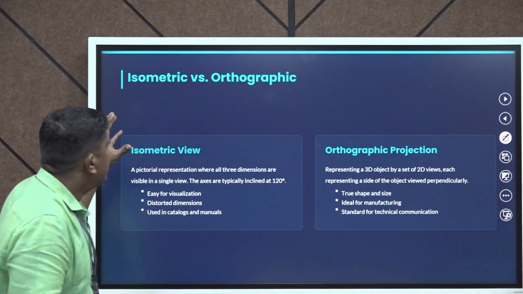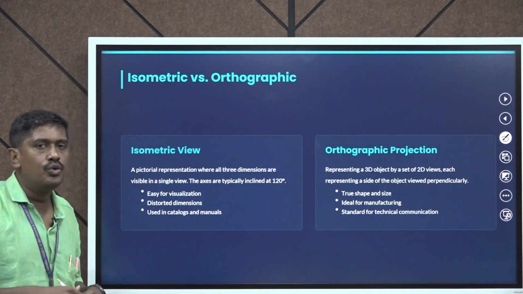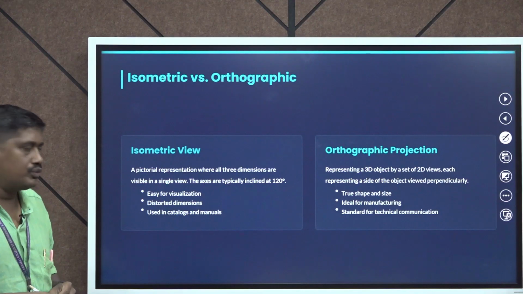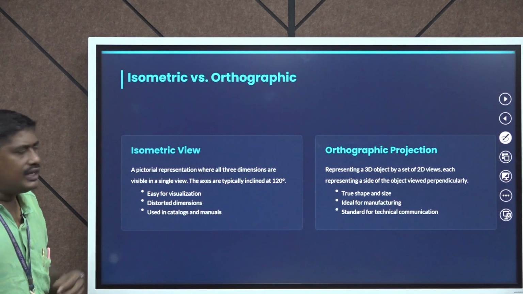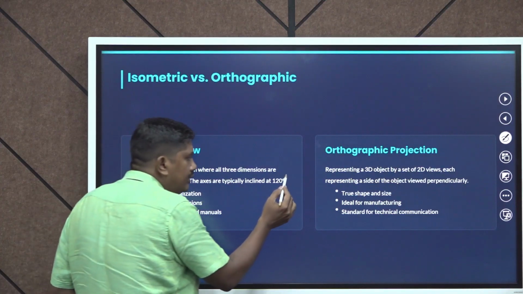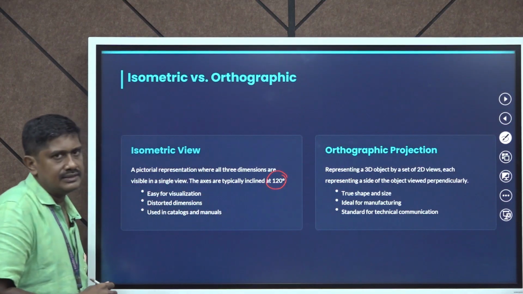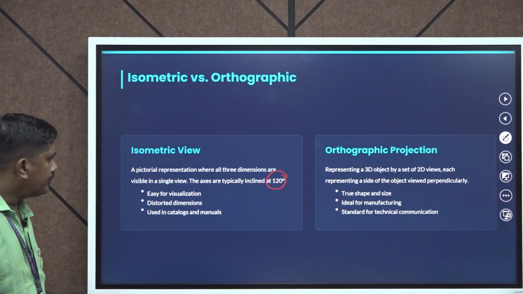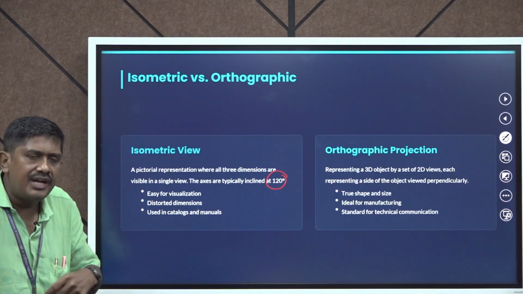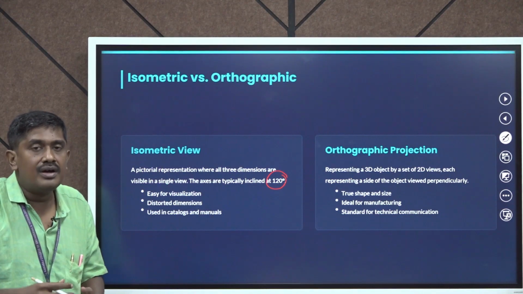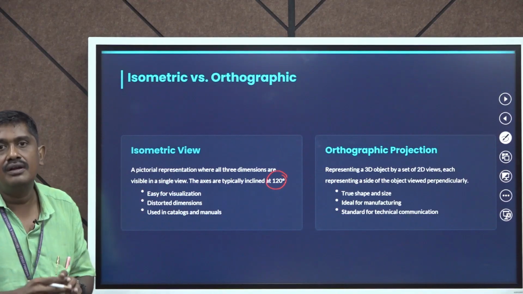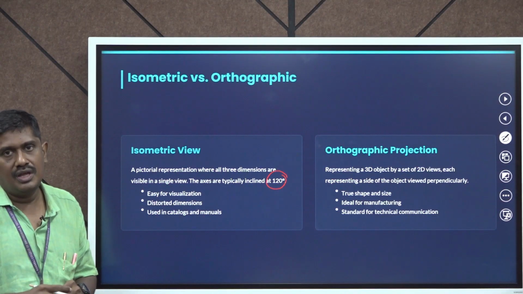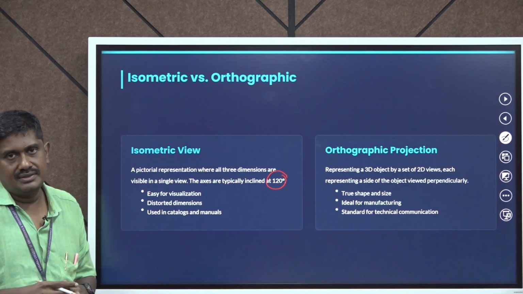This is the difference between isometric and orthographic views. In isometric, we all know it is created along 120 degrees, and anyone can easily understand it, because it represents 3-dimensional values and structures.